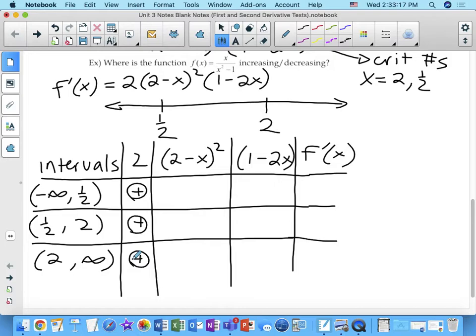Okay. 2 minus x does depend on x, but we square it. So if it's negative, once we square it, what's going to happen? It's going to be positive. That's right. Okay? So all of these are also positive. It doesn't matter where we are.